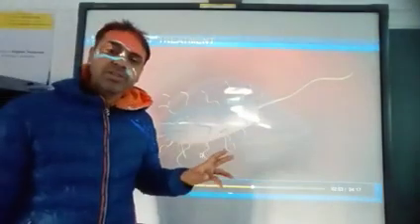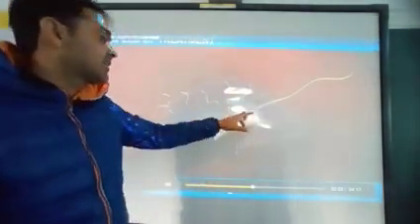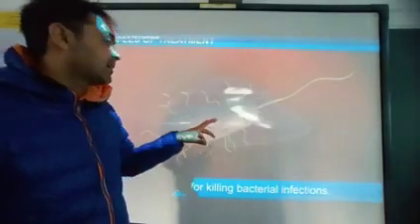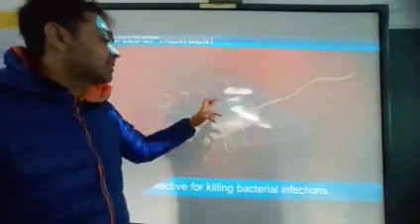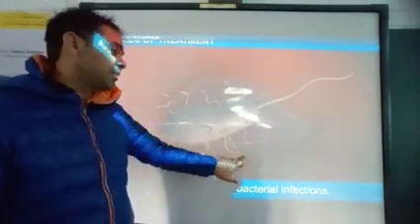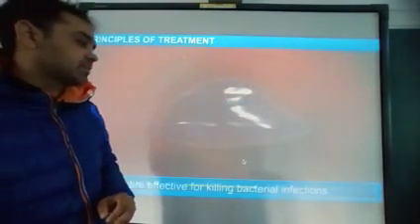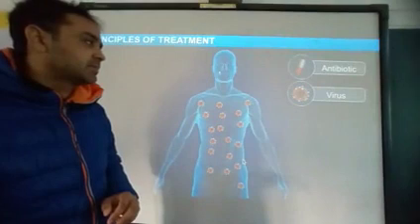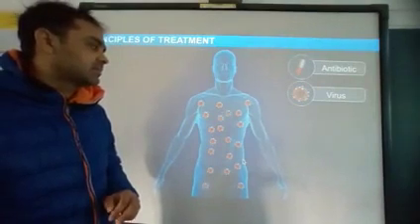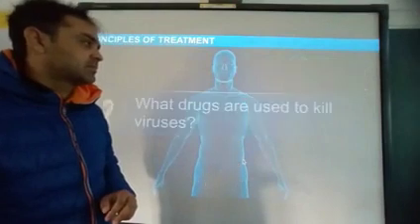See, this is the functioning of antibiotics. It blocks the cell wall, and thus the microorganisms get killed, resulting in the death of the bacteria. However, antibiotics are not effective against viruses.